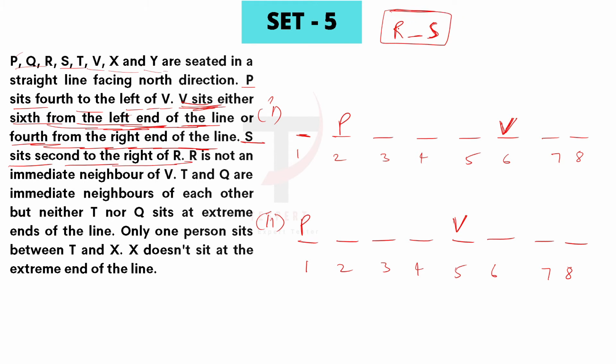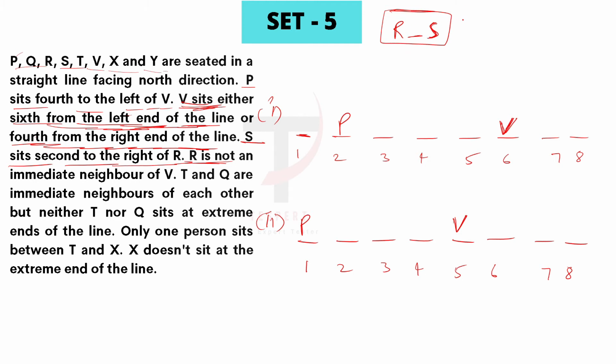Why? Because the places of R and S are not interchangeable. If we interchange the positions, R will be to the right of S. But according to the given condition, S sits second to the right of R, so we cannot change the positions.